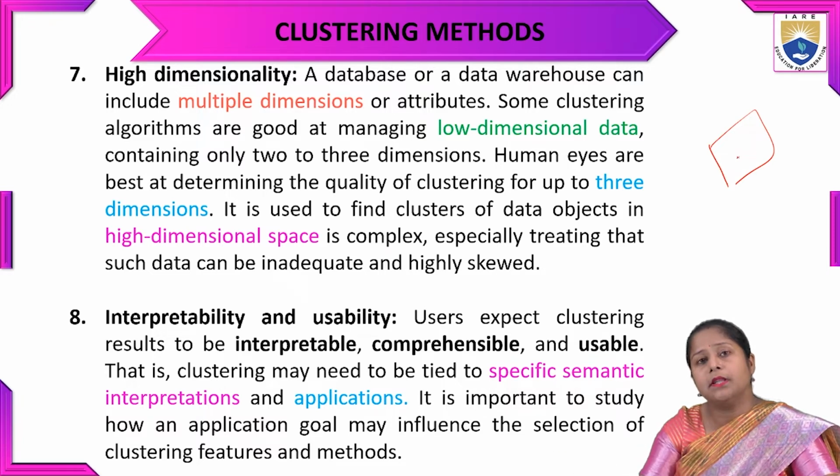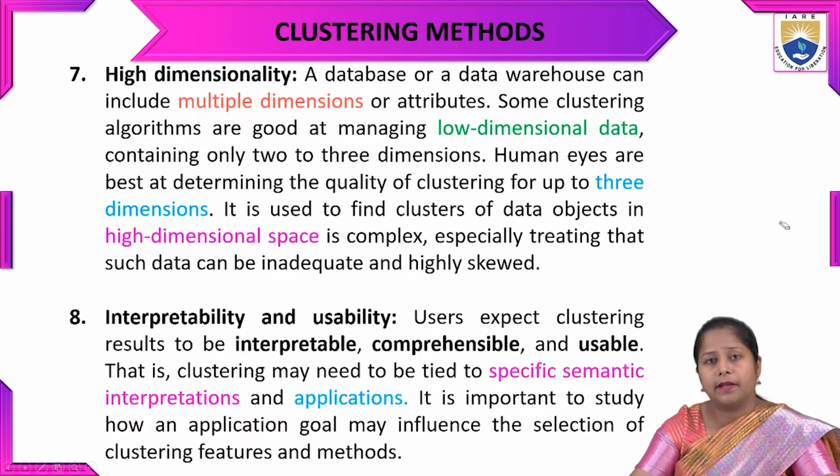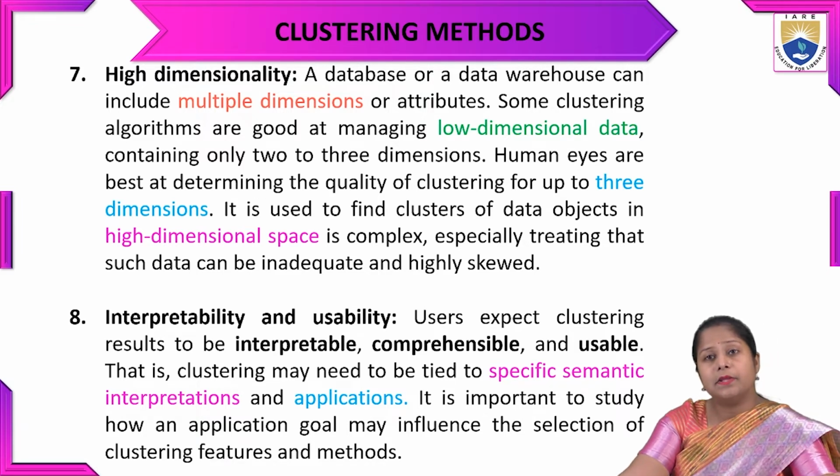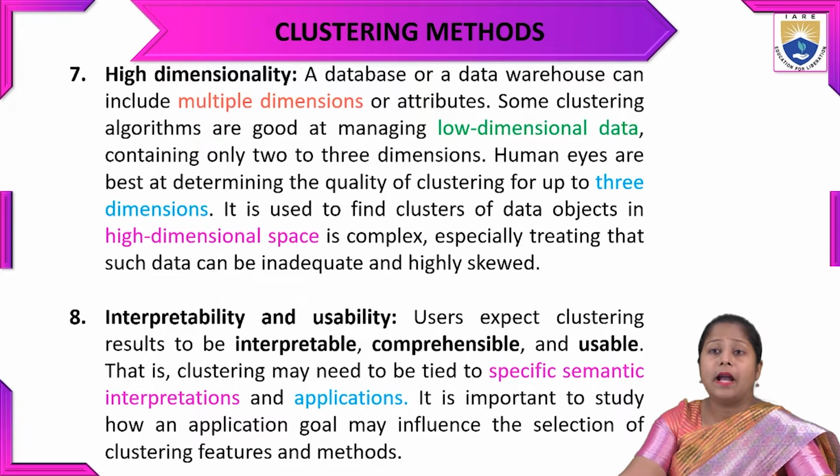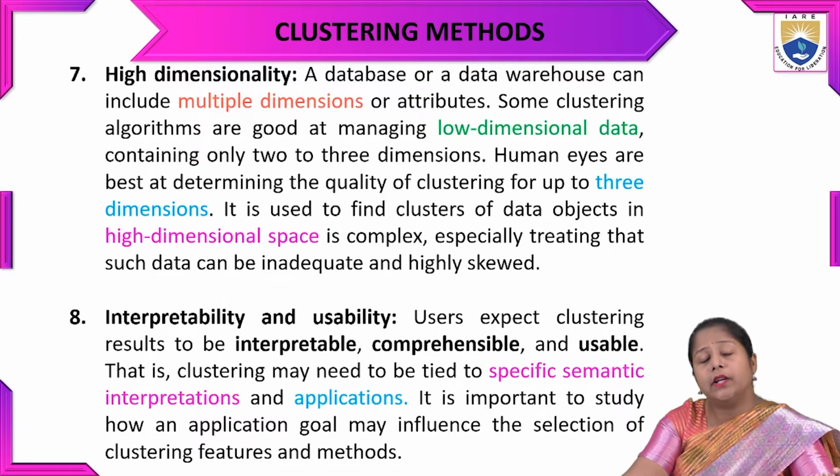More than 3 dimensions will look like a concept hierarchy, which is difficult to work on. Finding clusters of data objects in high dimensional space is complex, especially for highly skewed data. So high dimensionality is a problem for clustering, and there should be up to 3-dimension data.